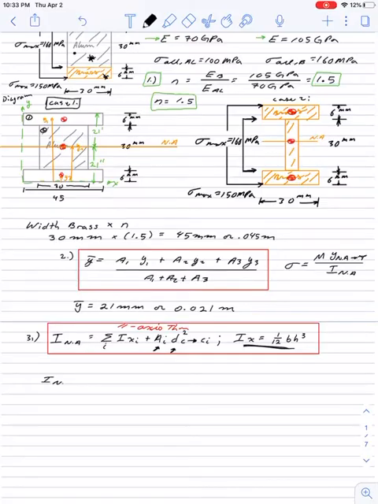So the moment of inertia with respect to the neutral axis, and let's do member number 1 first. That's this member right here.